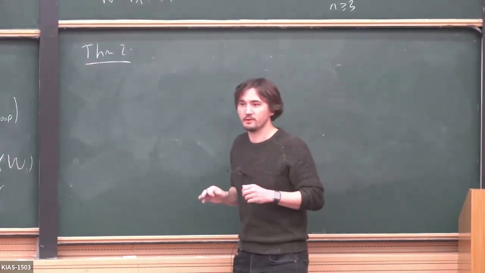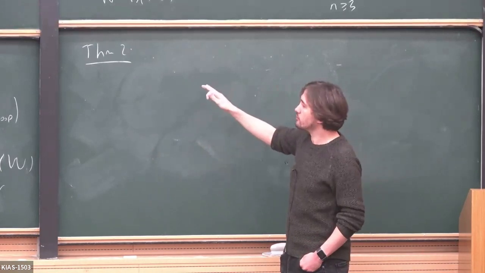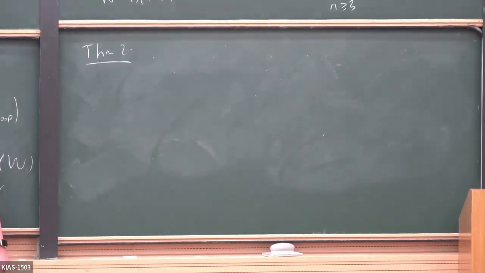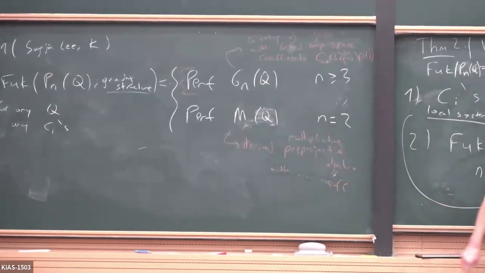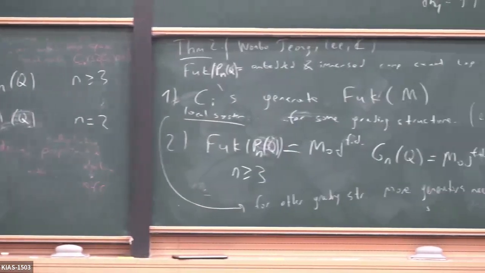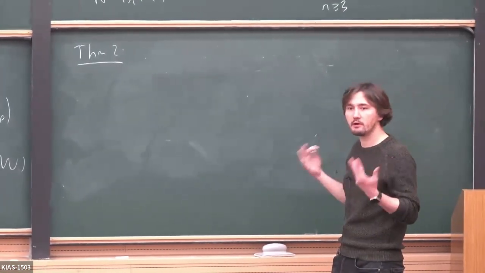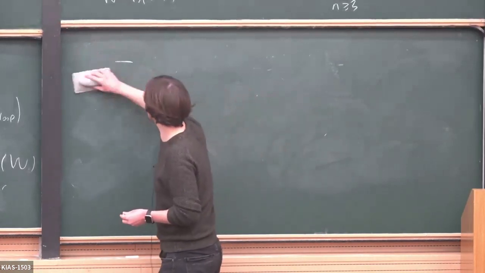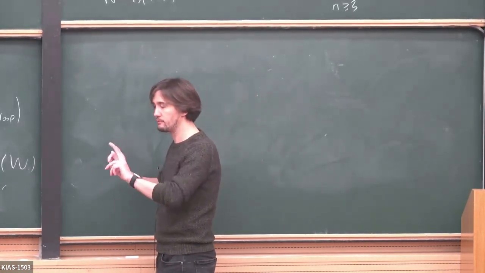I already gave so many talks about theorem 1, and Sangjin also. Theorem 2 starts from where theorem 1 left off. We now have knowledge of the Fukaya category, so I'm assuming this is true. Before proving theorem 2, I want to say something about how we can understand geometry, because I think this picture is nice. Then maybe I will say something about the proof of theorem 2, then I will finish.